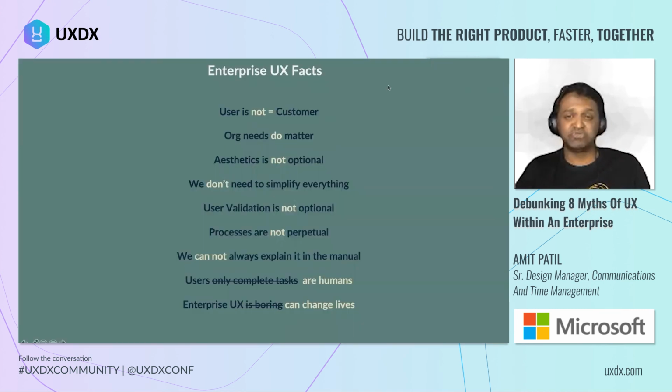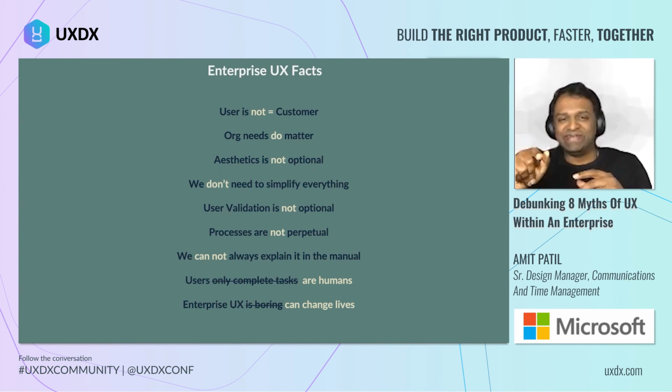And just to recap quickly, the enterprise UX truths are: user is not equal to customer. Org needs do matter. Aesthetics is not optional. Delight in experience is not optional. We do need to simplify everything. No, we don't need to simplify everything.